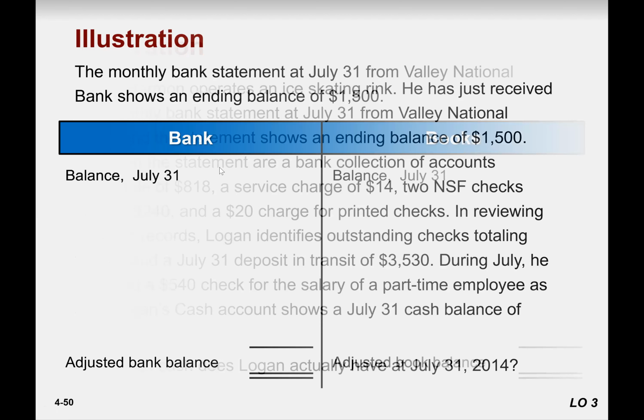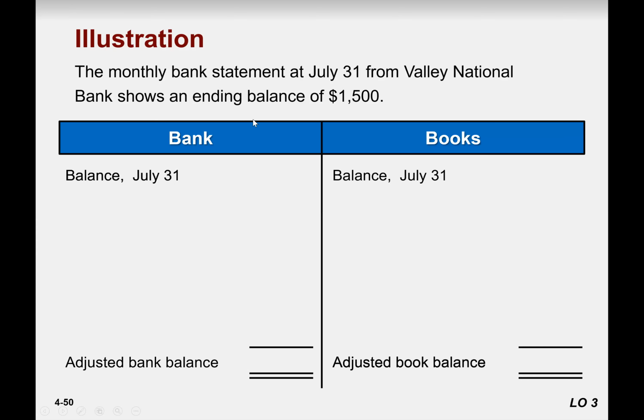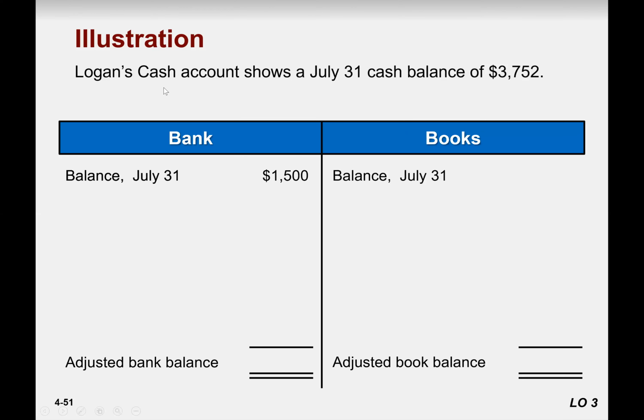Number 1, the monthly banking statement, 1500, right? Just tally your answer over there. Bank balance is 1500. The cash account shows 3752.